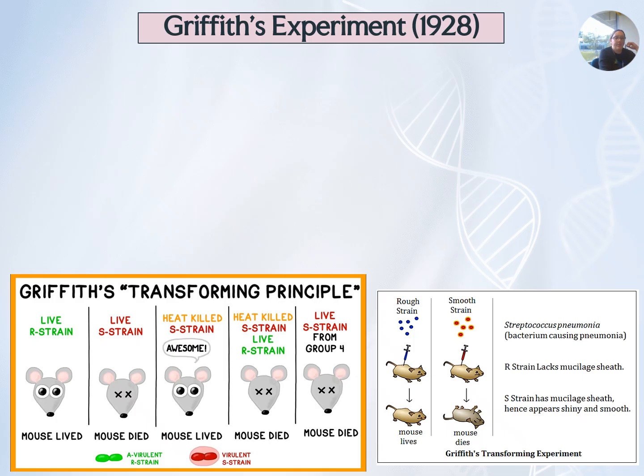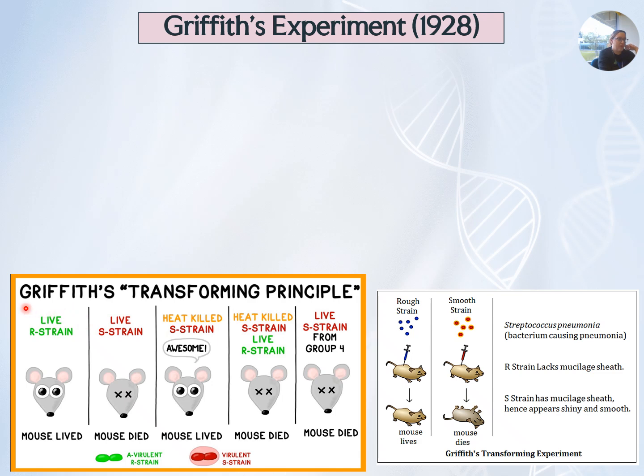So to walk you through this experiment, we have two strains of Streptococcus pneumoniae. One is virulent and one is not. Our R strain is called R because it has a rough outer coating, but it's not the virulent one. It is one that will not kill the mouse. The smooth, the S strain, is virulent and will kill the mouse.